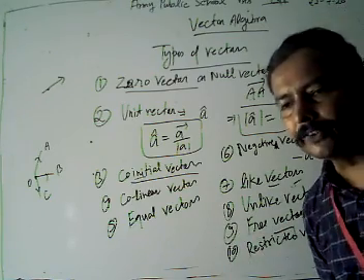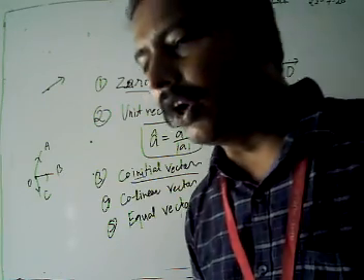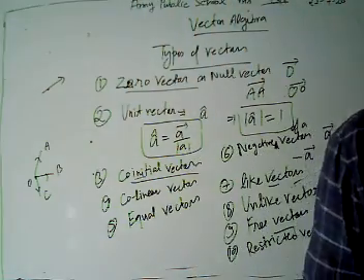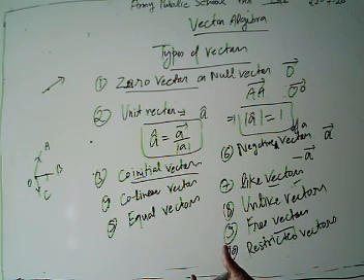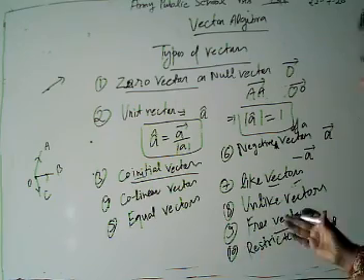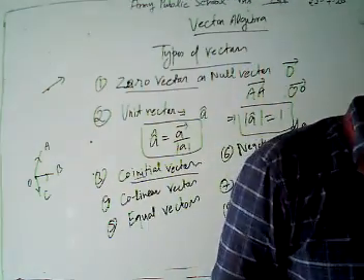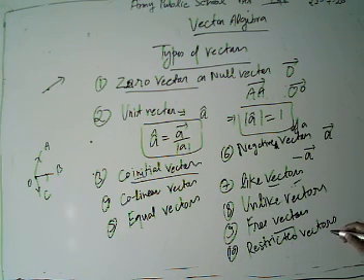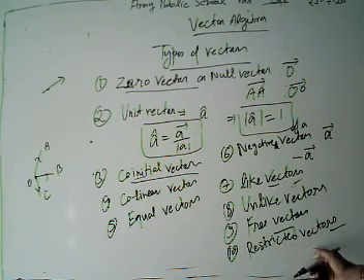So a vector which is not restricted to pass through some fixed point in space is called a free vector, and vectors which are restricted in space to pass through some specific point are known as restricted vectors.